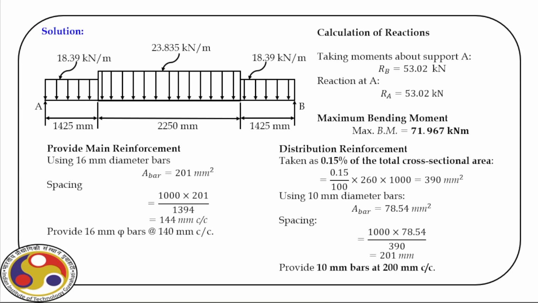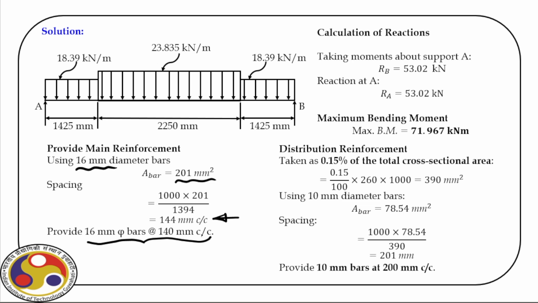Now, again, the number of bars that we have to calculate. We provide 16 millimeter diameter bars, each having 201 millimeter square area. So we can find out the spacing, which is 144 millimeter center to center. So we provide 16 mm bars at 140 center to center distance.